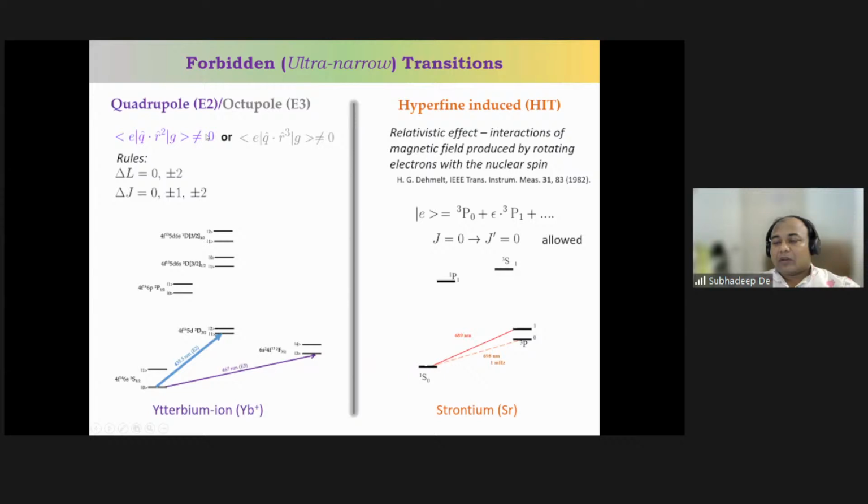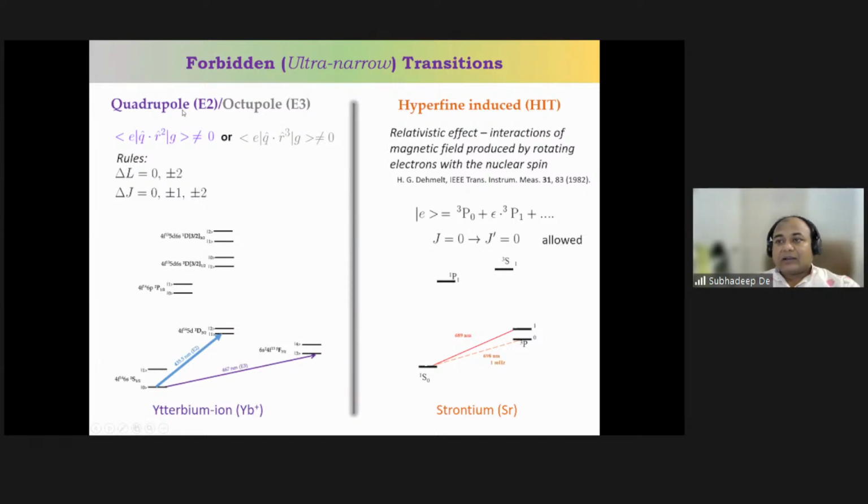So this is actually the Wigner-Eckart theorem. And for example, the selection rules, what you read in your standard textbook, is delta L equals 0 plus minus 1, or delta S equals 0 plus minus 1, all these sort of selection rules. But for forbidden transitions, the selection rules are also different, and they come from the Wigner-Eckart theorem. You can go back and look into those things in detail.